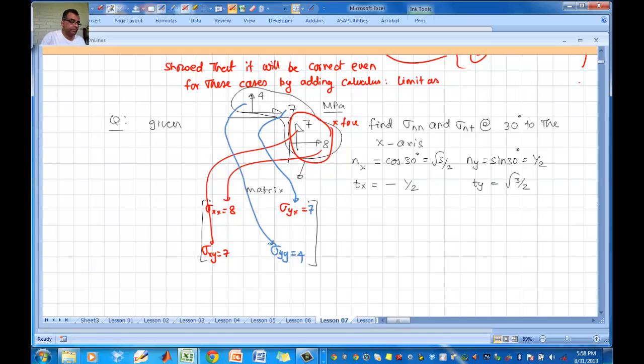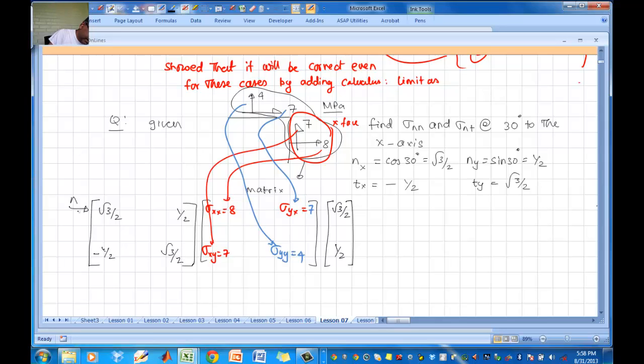See how it goes? Then multiply that by root 3 over 2, half. And then this side, you get a bigger matrix, root 3 over 2, half, minus half, root 3 over 2.